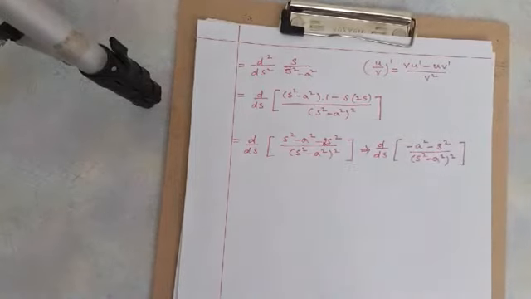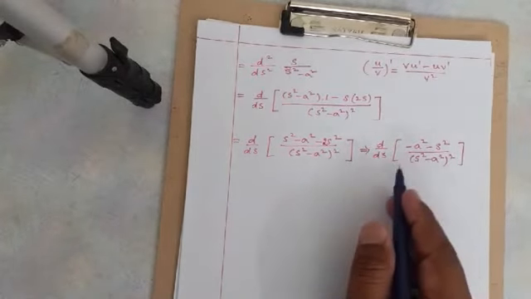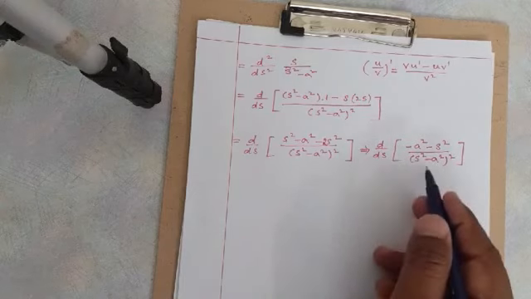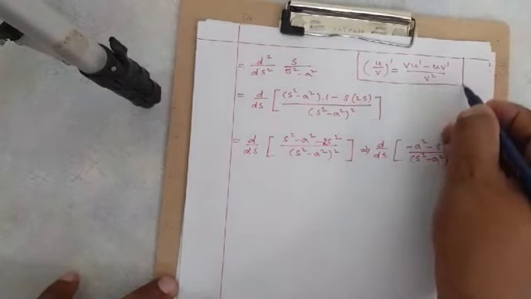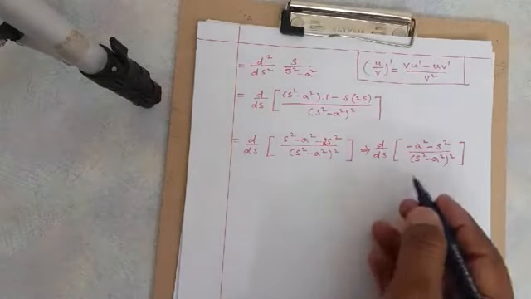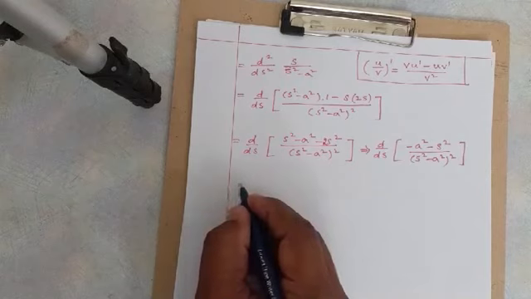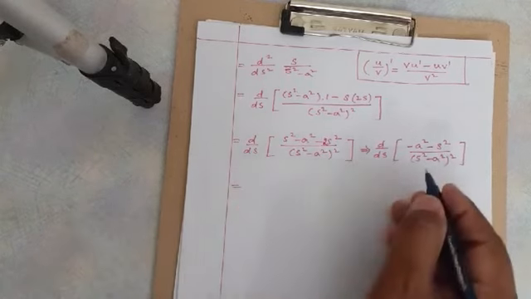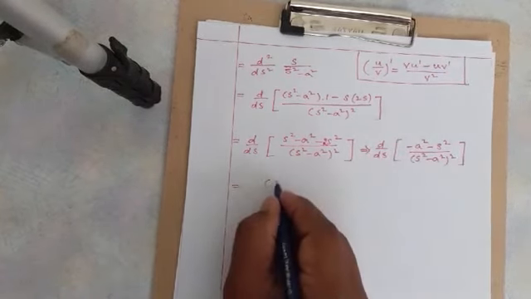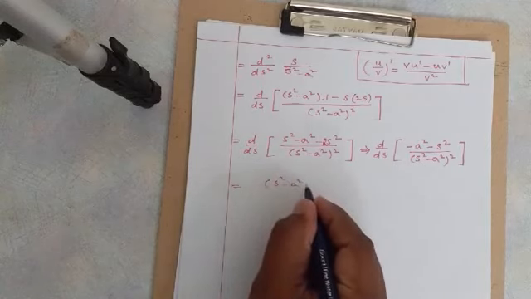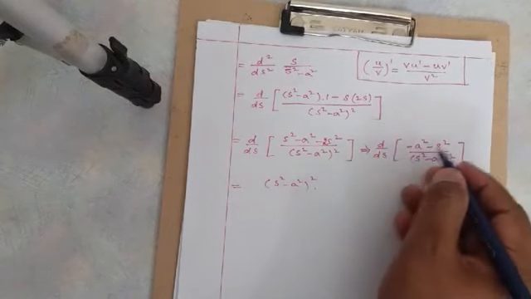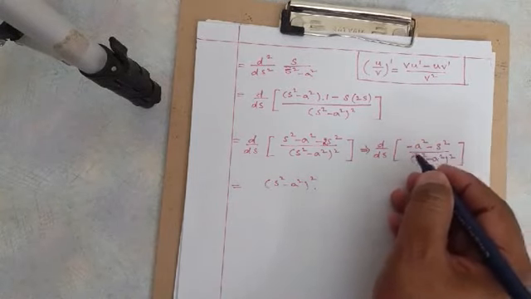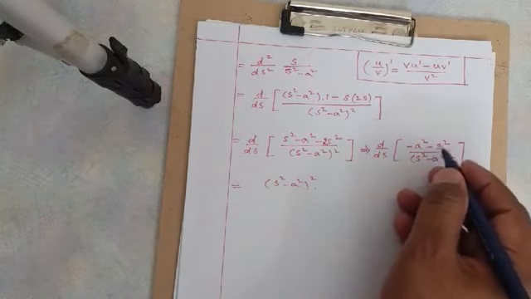You get this. Then after this, you again differentiate this function, which is again in the form of u by v. You can see this is the u by v formula. So when you apply the u by v formula again, v is s square minus a square whole square, into the derivative of u, that is minus a square minus s square.